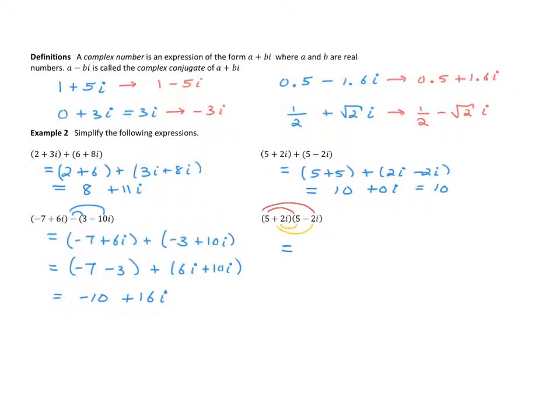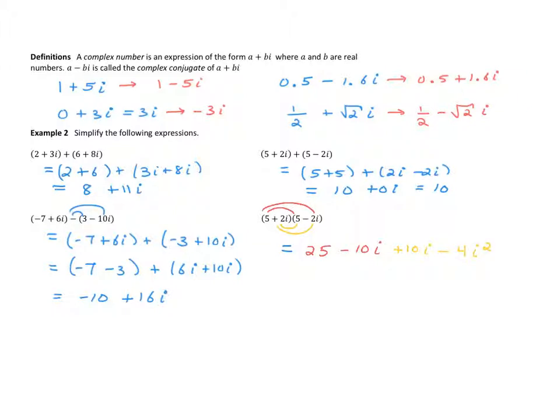If you first distribute the 5, we get 5 times 5, which is 25. Then we get 5 times negative 2i, that's minus 10i. If we then multiply in the 2i, we get a positive 10i, and then a minus, so it's going to be 2i times negative 2i, so it's going to be negative 2 times 2 is 4, and i times i is i squared.